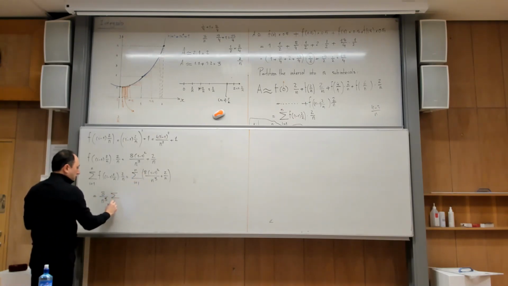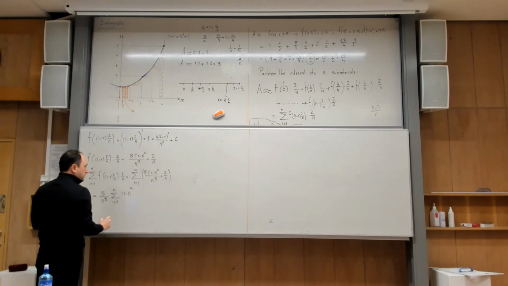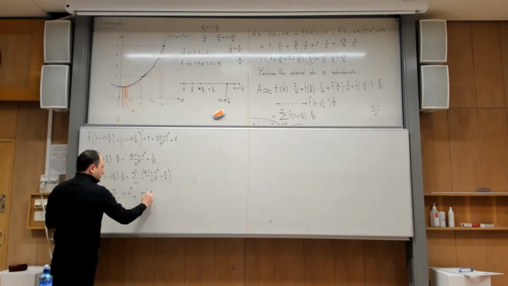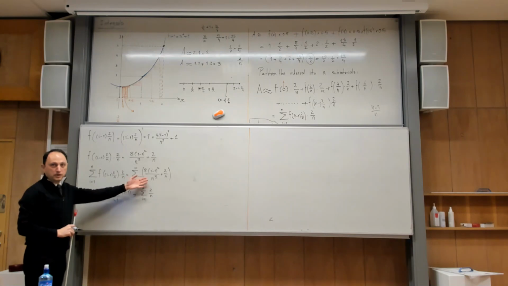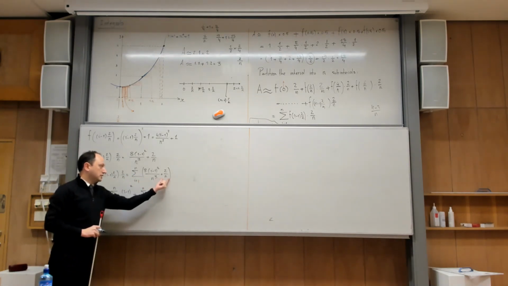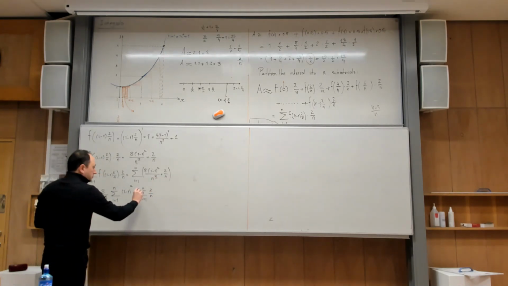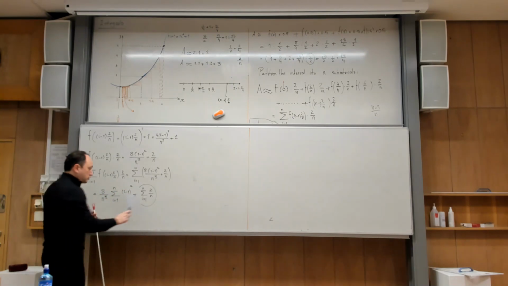So sigma i goes from 1 to n, then I have (i minus 1) squared, and then I will have plus another sigma of 2 over n, i goes from 1 to n. Because this is a sum, I can break my sum into a sum over this term plus a sum over that term. But how many times am I adding 2 over n? n times. So this becomes just 2.